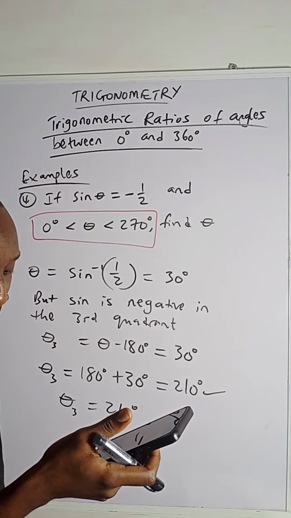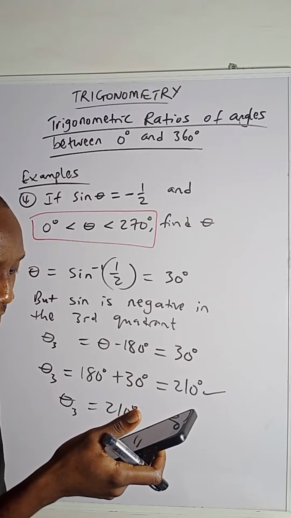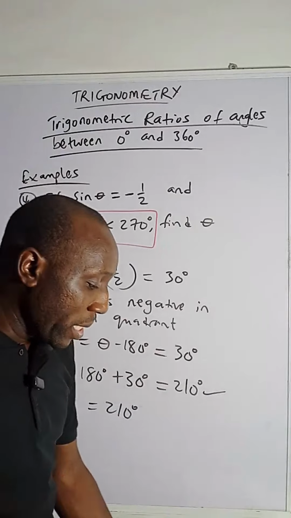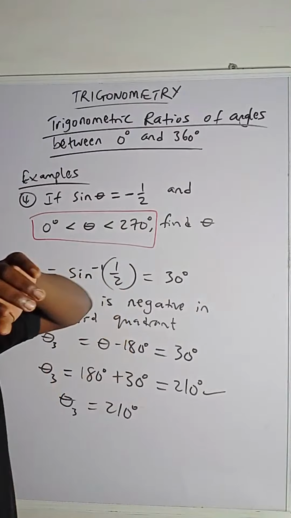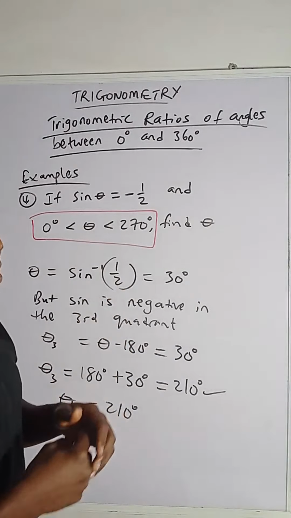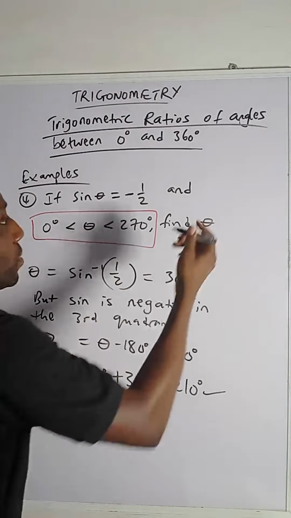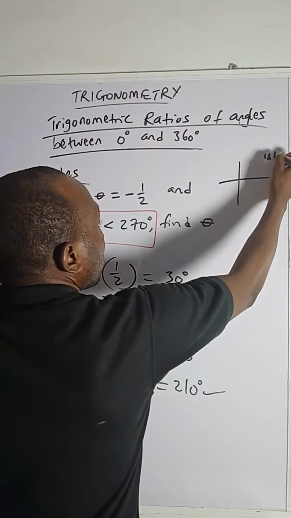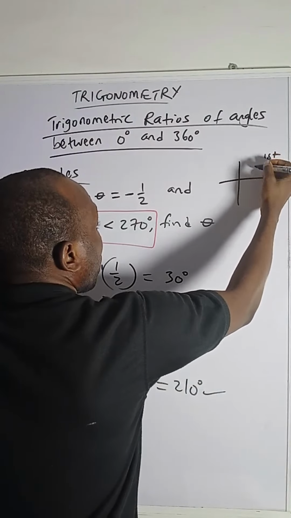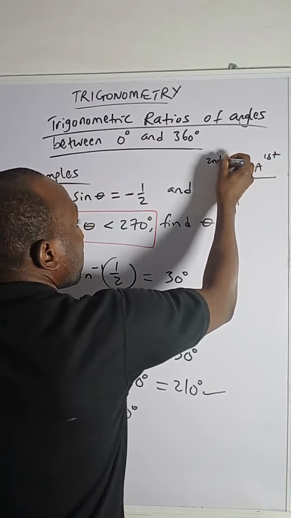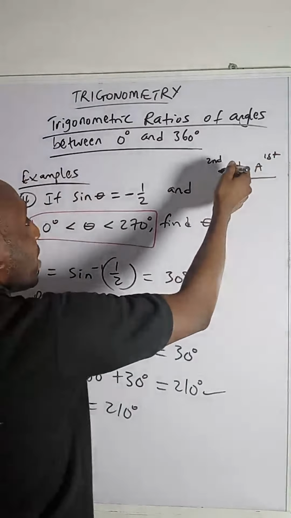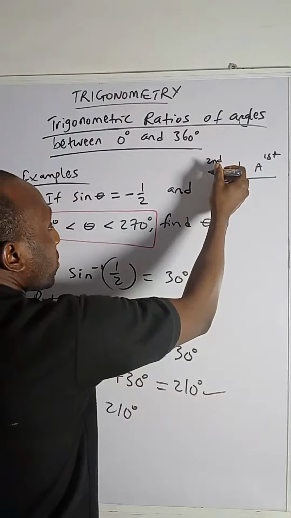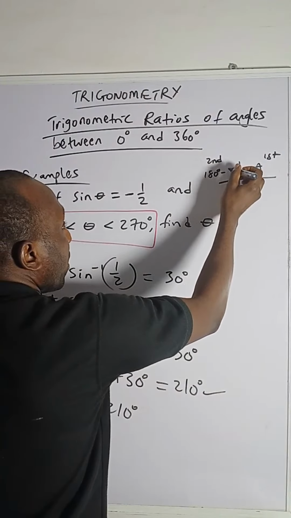Why did we do theta minus 180 degrees? That's the formula for getting the angle. Quickly, for the first quadrant, they are all positive. For the second quadrant, only sine is positive, and the formula is 180 degrees minus theta.